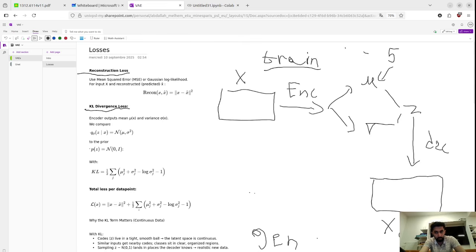Z that the decoder would learn from during training would range between 5 minus standard deviation and 5 plus standard deviation on average. So let's say it would be between 4.2 and 5.8. So the decoder would learn using Z values between 4.2 and 5.8.